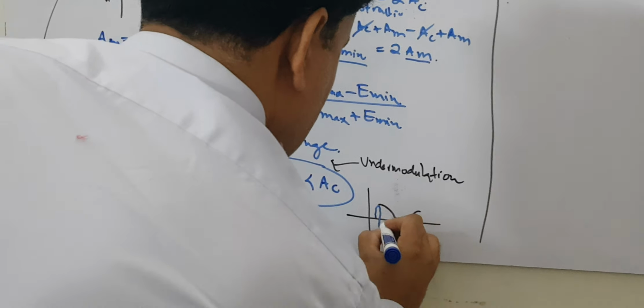What does that mean? AM divided by AC bigger than 1 means that AM is bigger than AC. If this is the case, then your modulated signal is something like this.